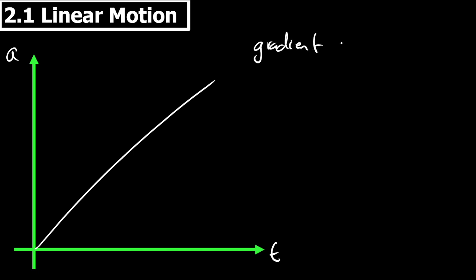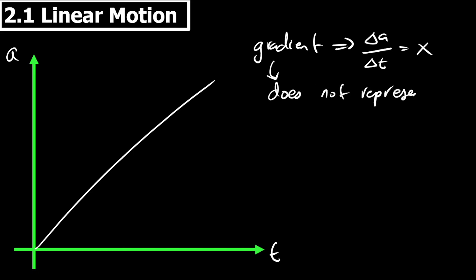And then last but not least, A against T, again I can have something like that, and I will have the gradient, which is delta A over delta T, and this does not represent anything that we know in our syllabus.